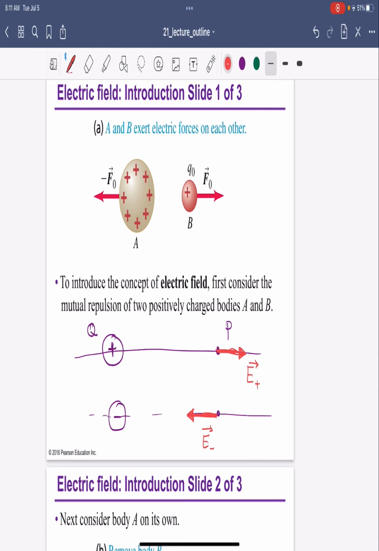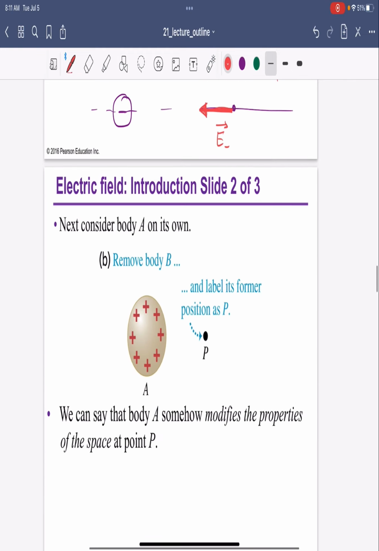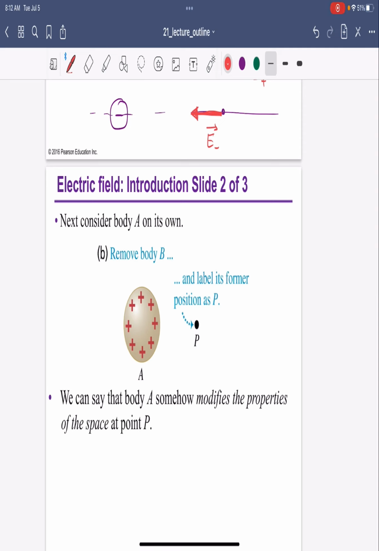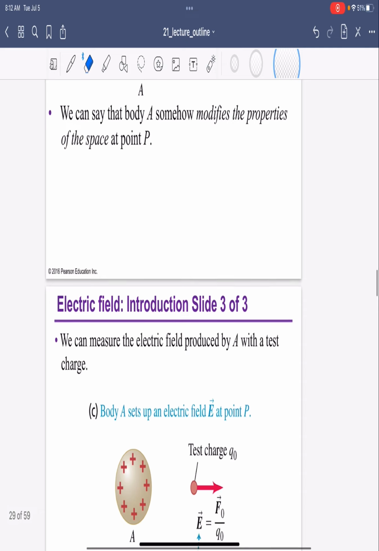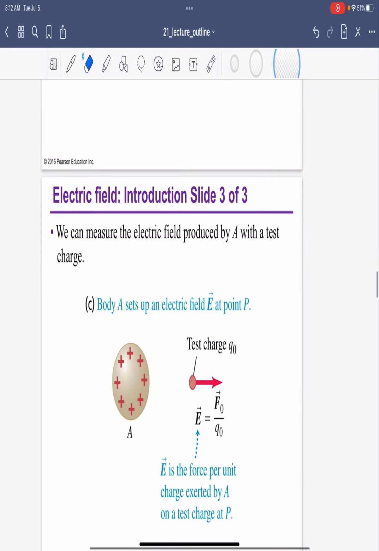Now, if I have just one charge A here, and P is a point where you are going to feel the electric force, then we can say that A modifies the properties of the space at point P and produces what is called the electric field.